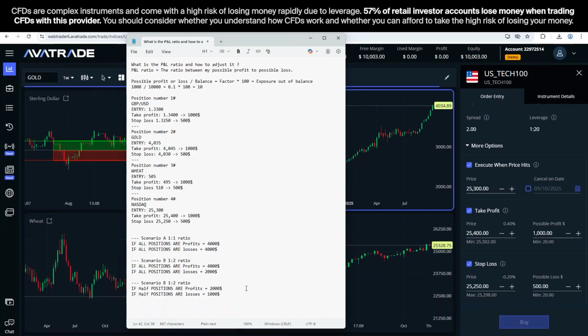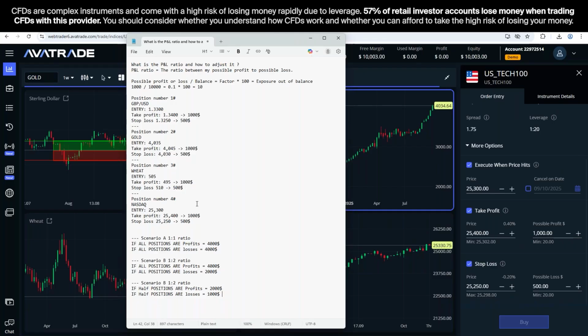Again, we're looking here at the same ratio with different results. Now, if half is making profits, this and that is making profits, so we've got 2,000. And then this and that making losses. It doesn't make a difference which position is going to make profit or loss, because the possible results and losses are the same. This is why I've selected it this way, bluntly, to convey the message here.